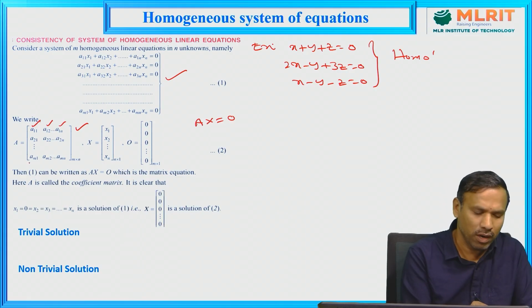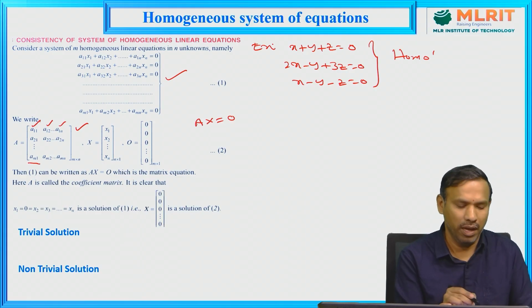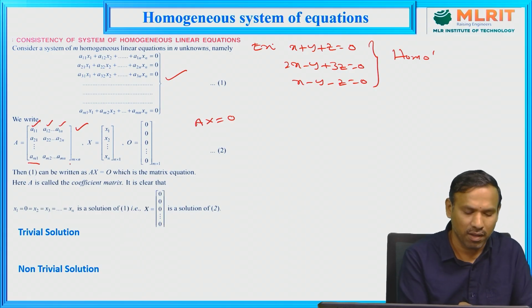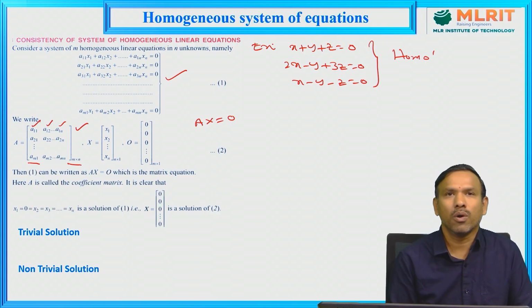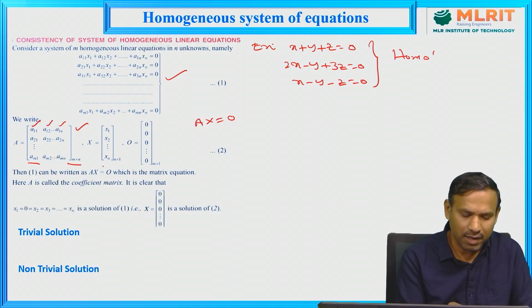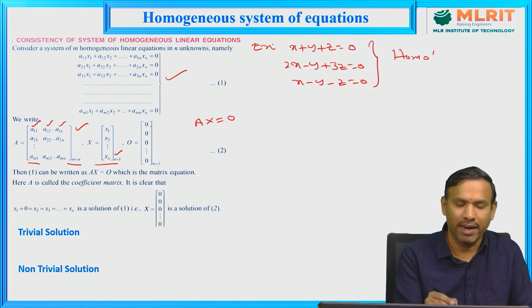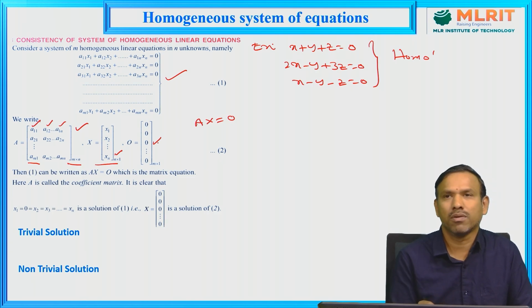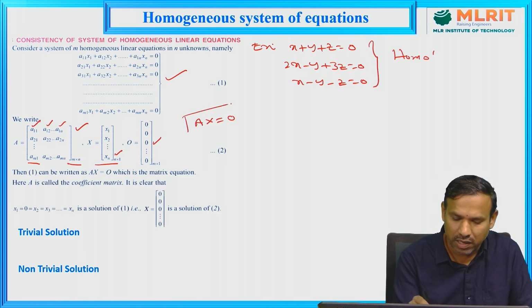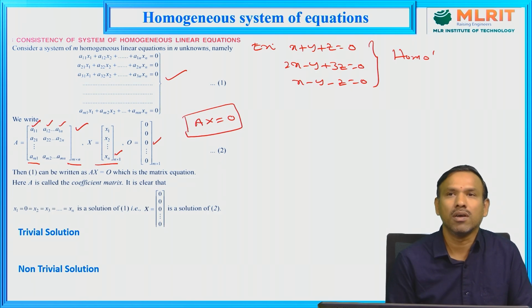So on, the mth equation, am1, am2, so on, amn. It is an m cross n matrix, called the coefficient matrix. And X is the unknown or variable matrix x1, x2, so on, xn. And on the right side there is a null column matrix, 0, 0, 0, 0. So this system is called the homogeneous system of equations, Ax is equal to 0.